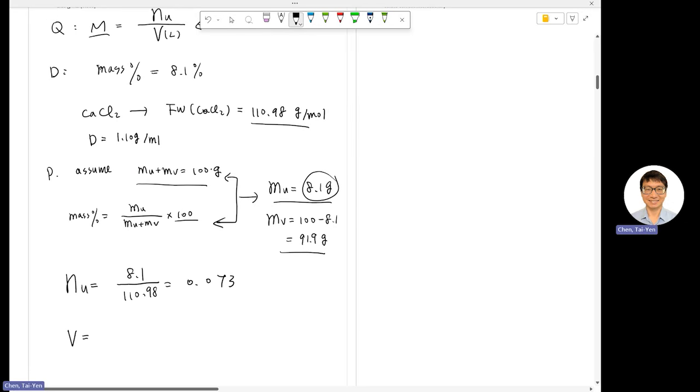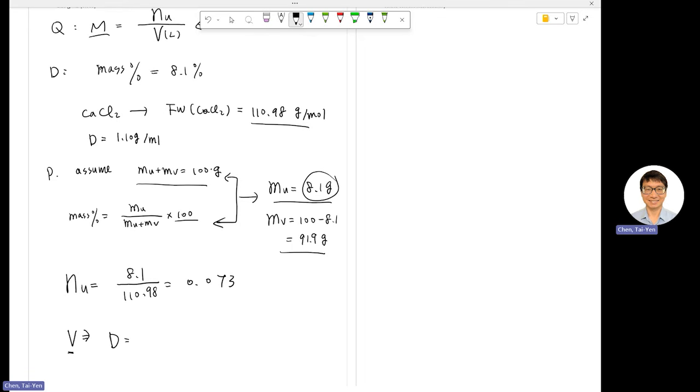The next thing to calculate is the volume of your solution, right? Every time you see a concentration conversion involving molarity, you must use density information. Okay, so here's how you should get the volume.